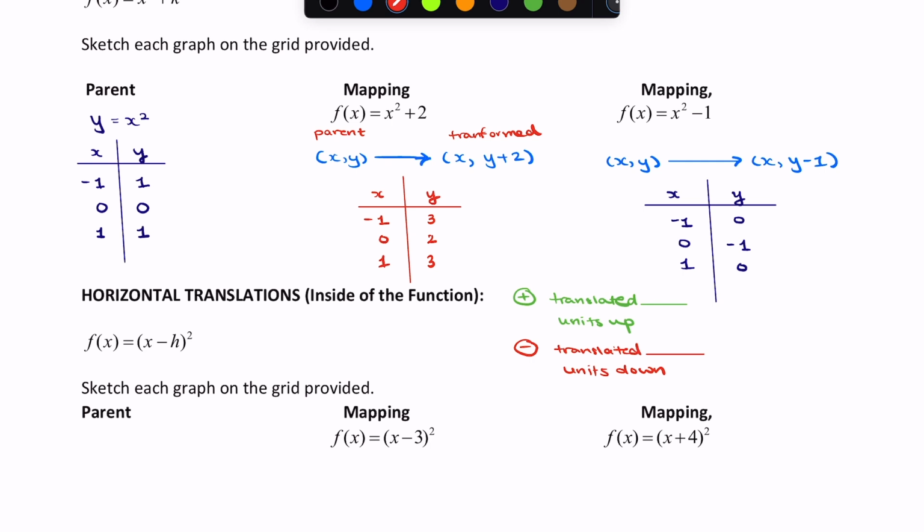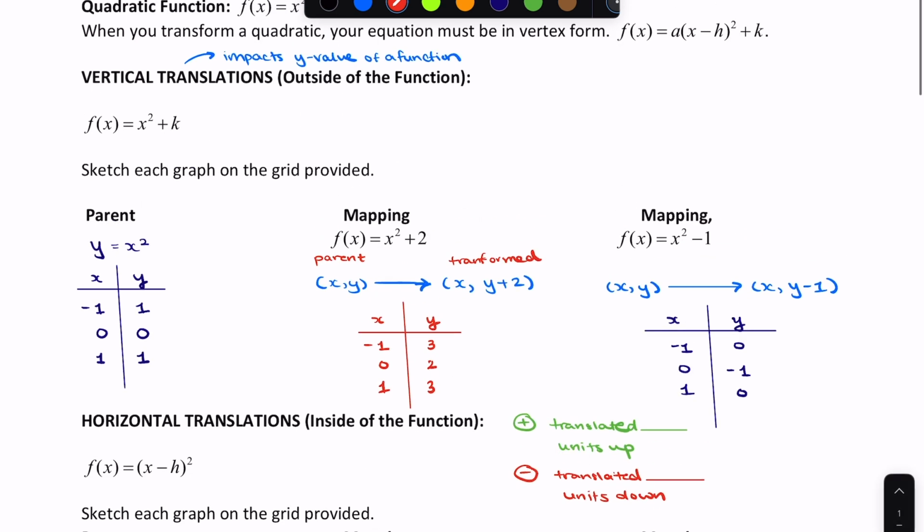Okay, next we'll look at horizontal translations. Vertical translations impact the y value of the function, and horizontal translations impact the x value of a function.